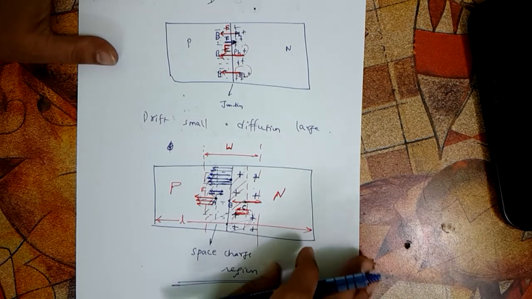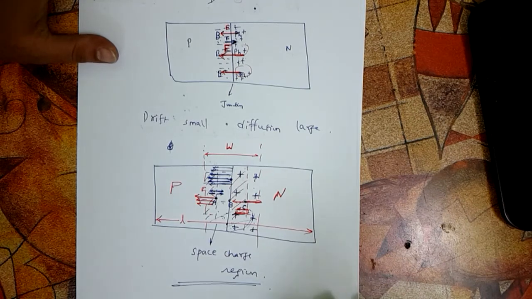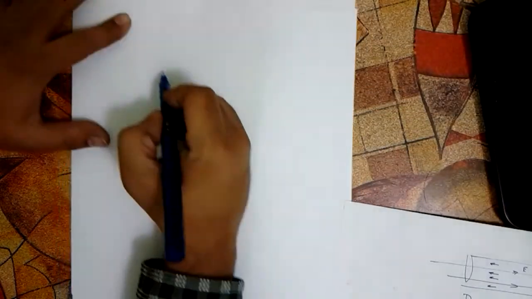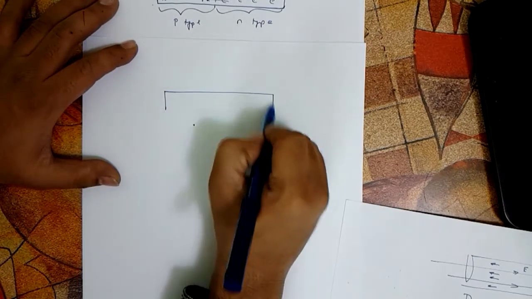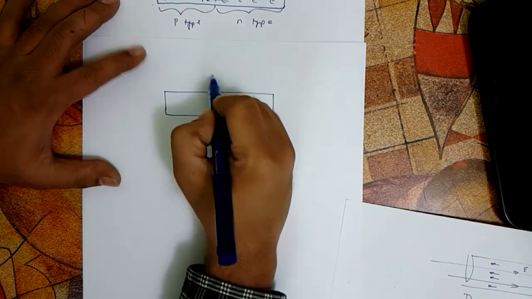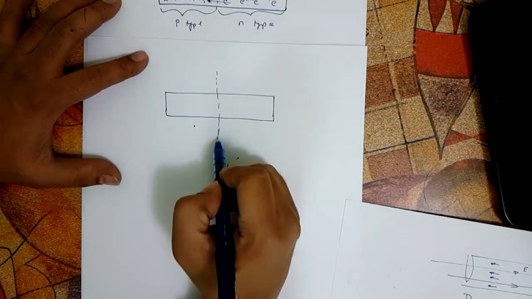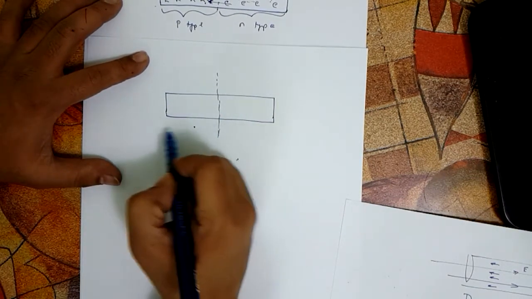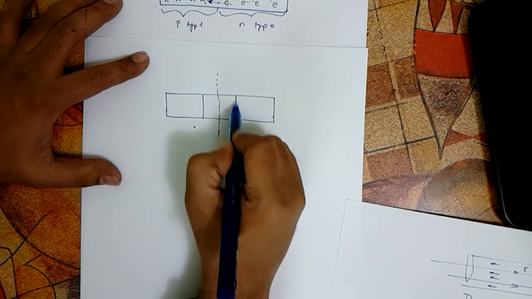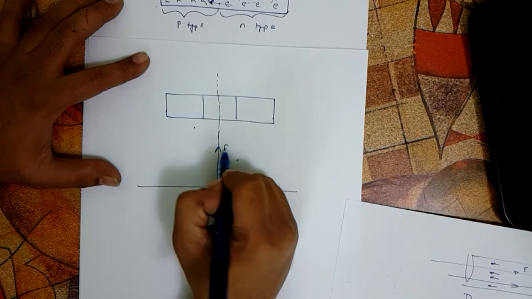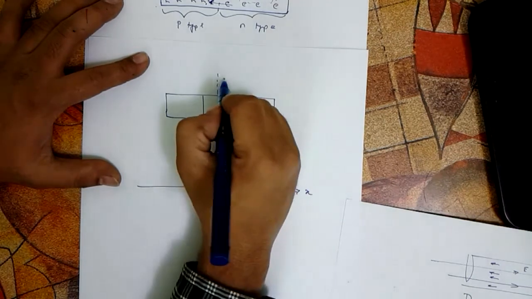So actually, if we plot the electric field versus x graph, so this is the depletion region, and this is E versus X. This is the junction boundary.